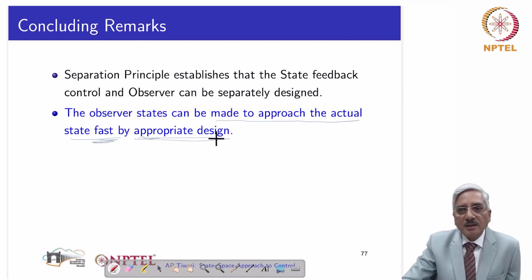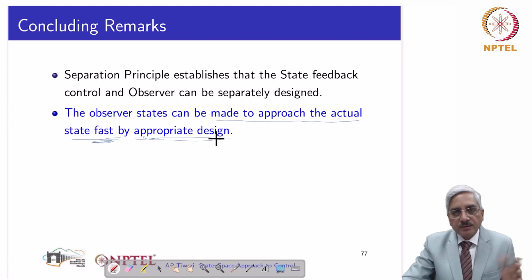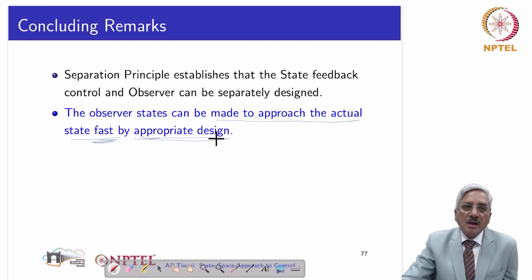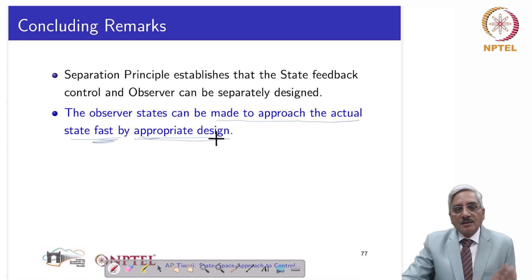So as I said in one of the preceding lectures, let me repeat, that the observer poles can be placed comparatively far to the left than the system states with the state feedback.